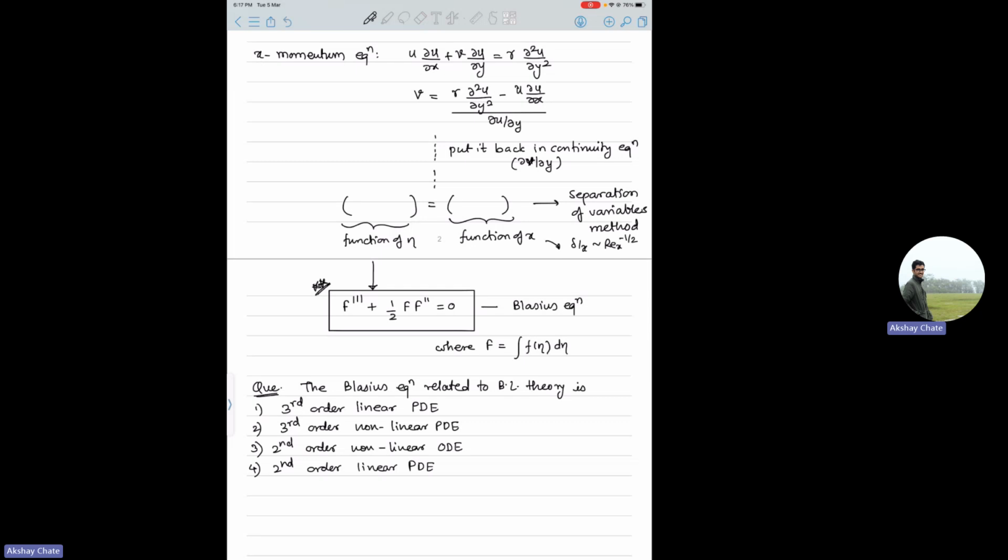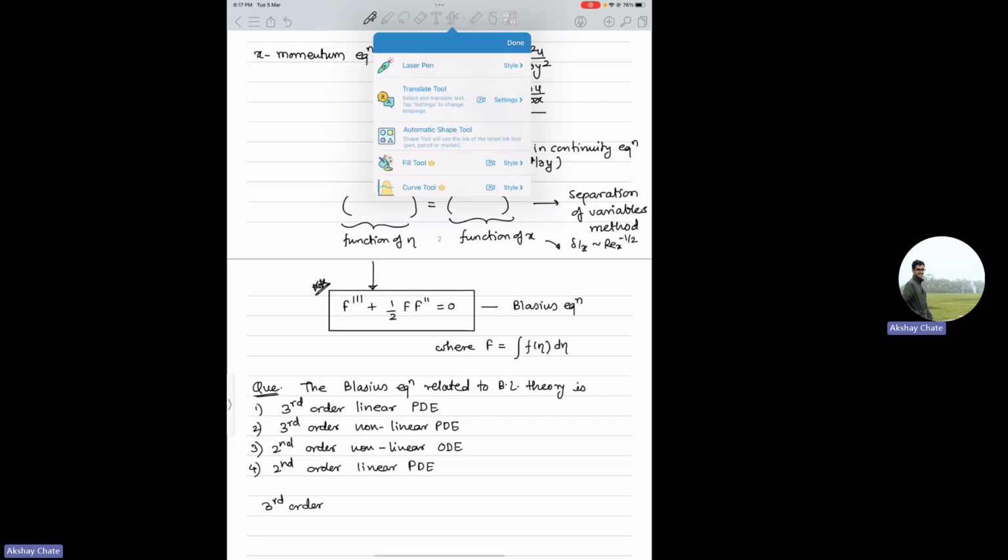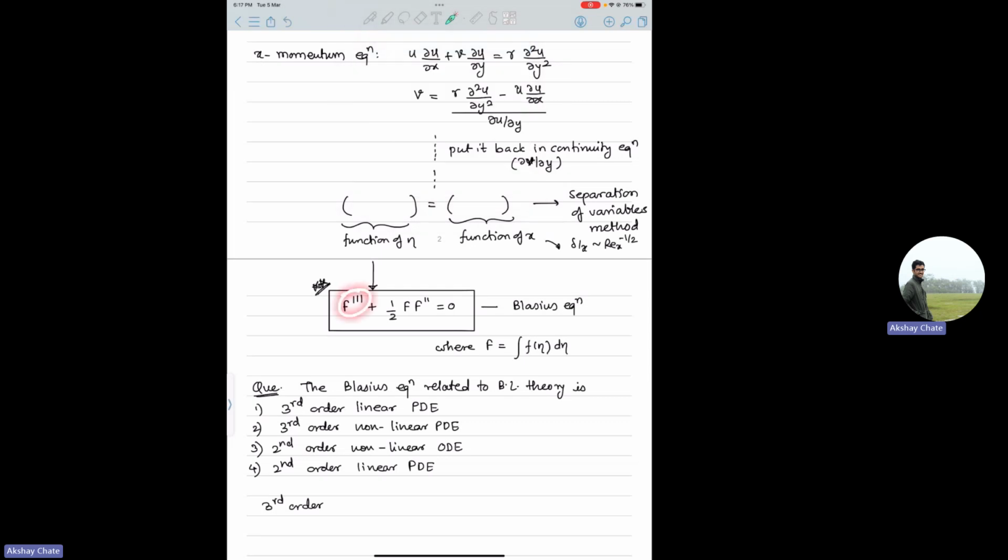So from this equation, the Laplace equation, you can say this is a third order equation. That is because you have this term, which is the third order derivative of f. Then you have non-linearity, because these two terms, they are basically, let's say, y into y double prime.